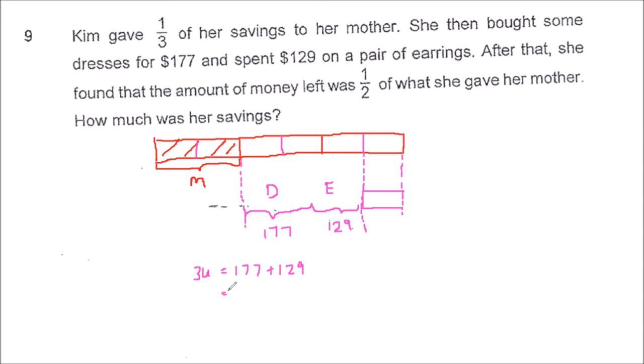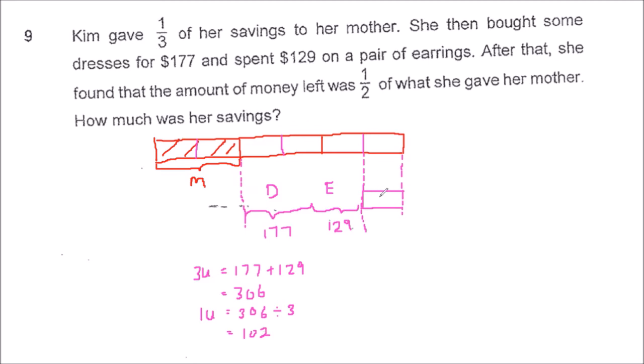We have 306. And 1 unit will be 306 divided by 3. I have 102. So how much is the saving, guys? Can you please take note? A lot of students will take 102 times 3 because of one third.